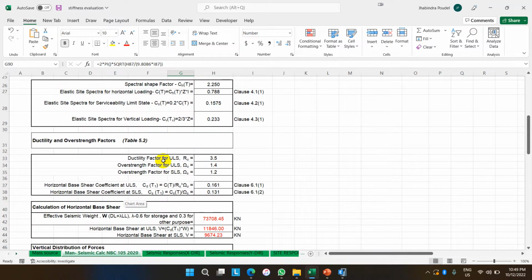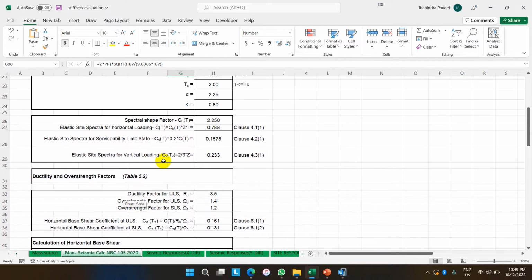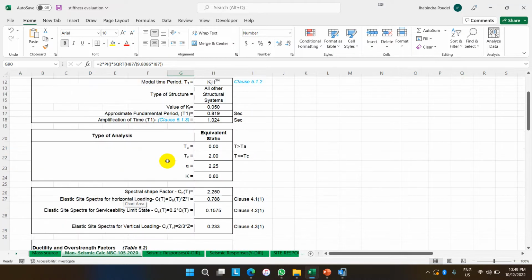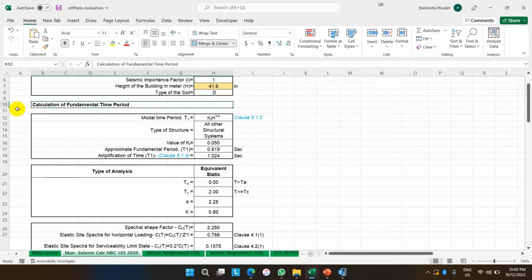The calculation of model time period can be done in two ways. The first one is the calculation of time period with the empirical method with this formula, and amplification of time period as per the code provision, and finally we got the time period of 1.024 seconds.